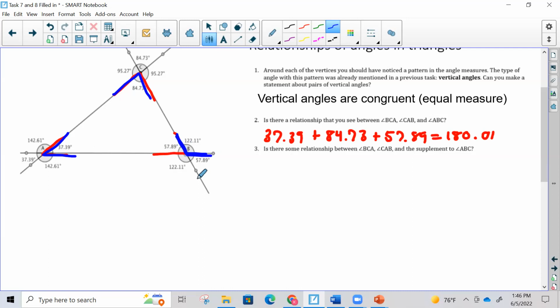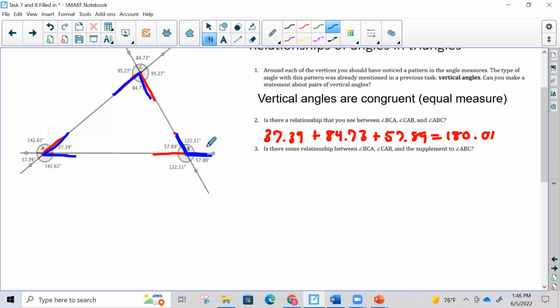Or you could say this other 122.11, it doesn't matter, they're equal. This angle here is the supplement, and remember, supplement means that they share a side and a vertex and they add up to 180.